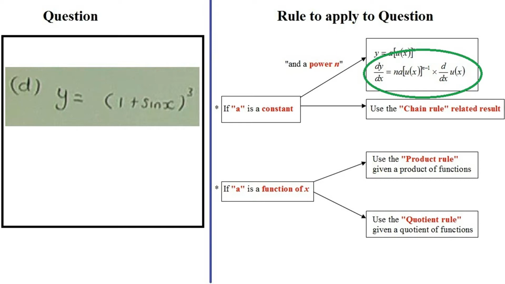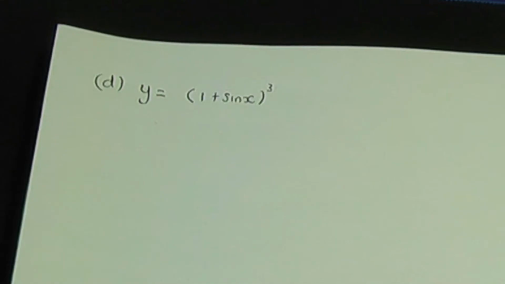Remember what I said in that video whilst doing examples: don't memorize the result, just learn what the result is trying to say. So the result is trying to say multiply by the power, take away 1 from the power, so that comes from normal differentiation, and then we multiply, don't forget, by the derivative of the u term. Okay, so back to the example.